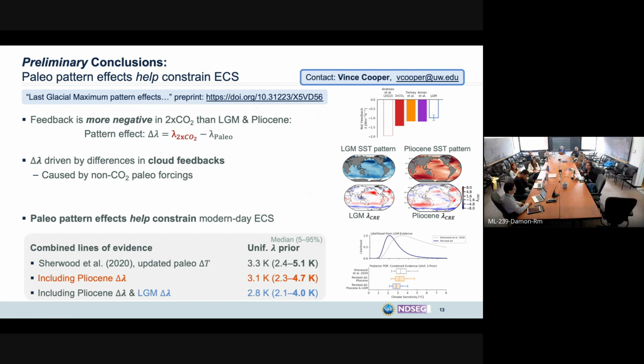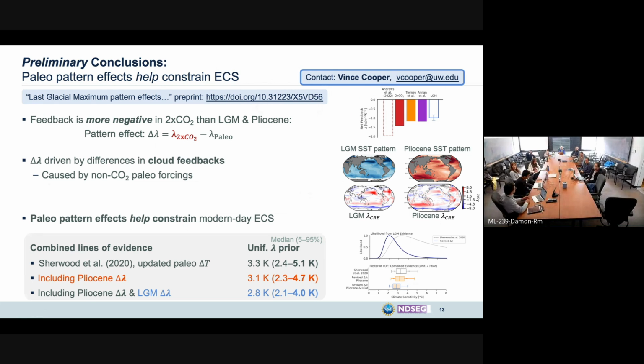Yeah, it's a great question. For brevity, I focused on the sea surface temperature patterns and not the sea ice so much. But three of the reconstructions, not all four, also include reconstructions of the sea ice pattern. So all of the feedback differences that we've calculated also include those sea ice changes. We didn't hold the sea ice fixed and ignore that; the sea ice changes are included in this estimate.